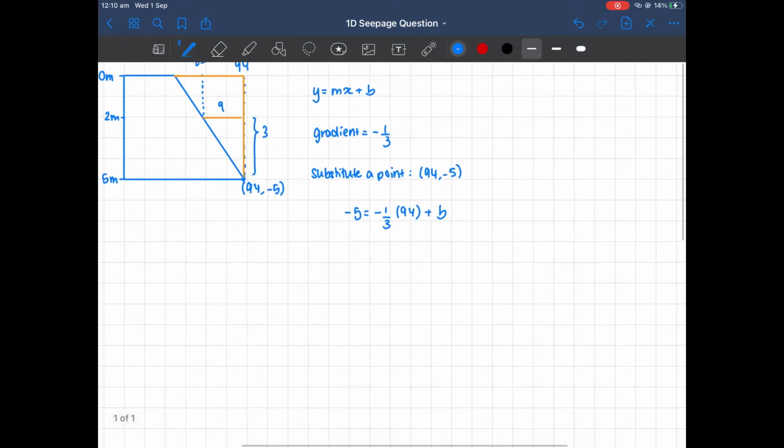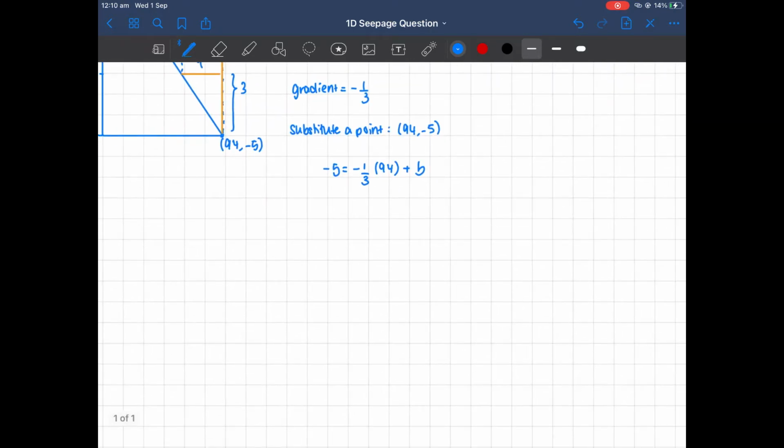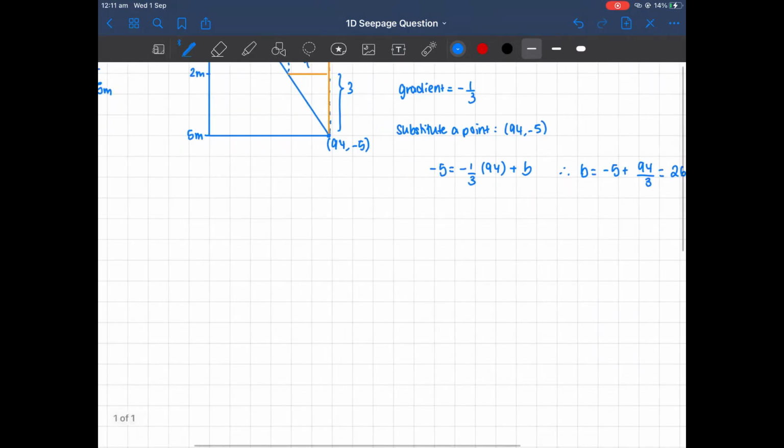Now we can rearrange this equation, which gives us 26.333, and so on. Therefore, we get our line equation, which is y equals negative a third x plus 26.333.